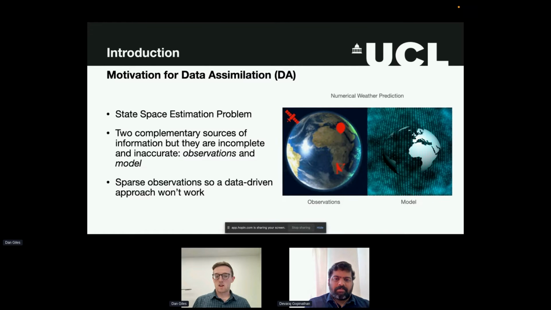Just to highlight, it's a sparse observation setting, so we can't necessarily use a pure data-driven approach. But to get your head around it, in numerical weather prediction, when I say sparse, we still have on the order of 10 to the 7 observations, and your model dimension may be on the order of 10 to the 9. So it's quite a big problem in that regard.